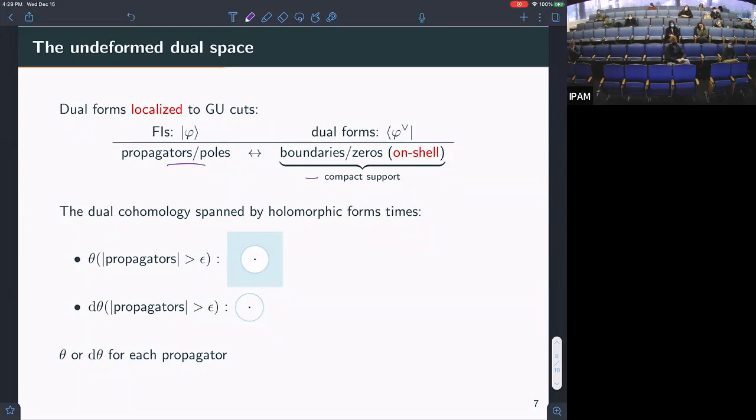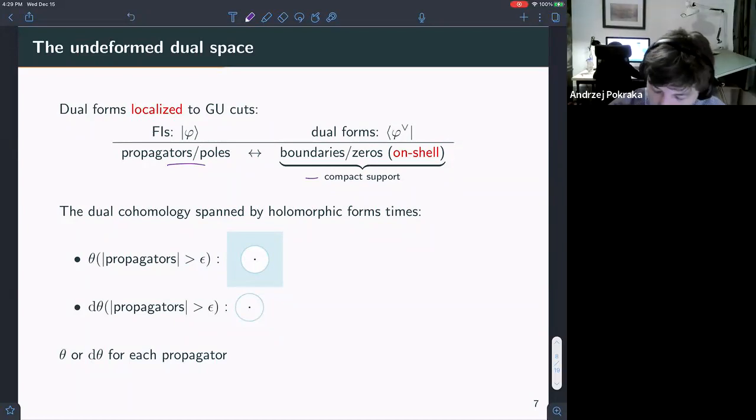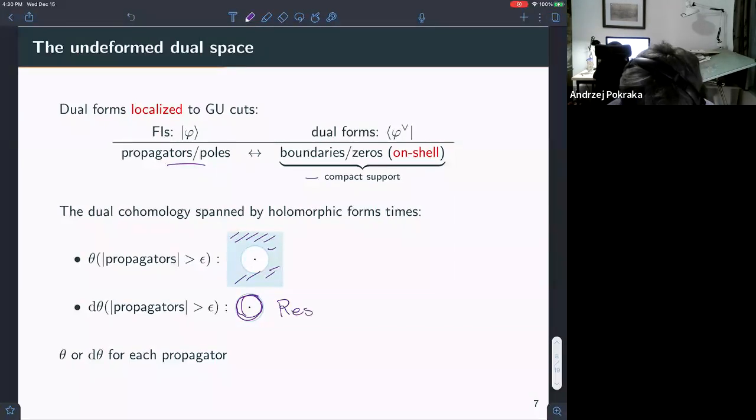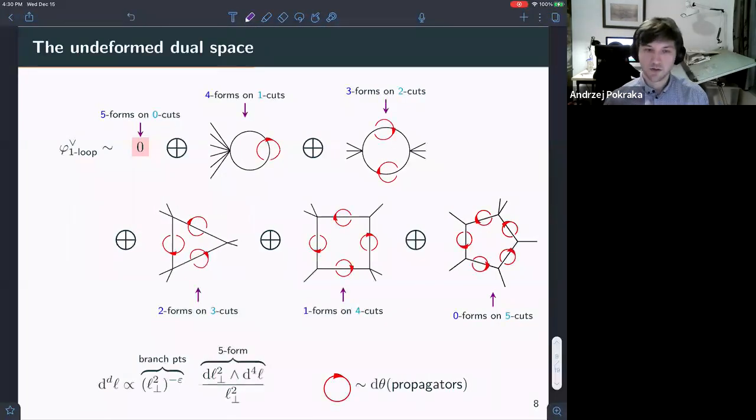So the dual cohomology is spanned by holomorphic forms multiplied either by a Heaviside theta function, which has support away from one of these singular points, or its derivative, which has support on a little ring around one of these singular points, and this just takes a residue. And for every propagator, we need to have a theta or a d theta to ensure this compact support condition. Okay, so a generic element of this dual space looks something like this.